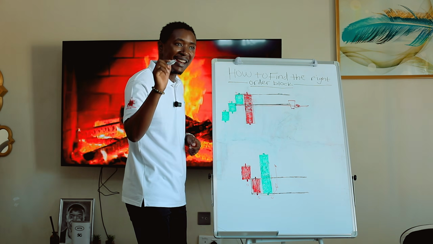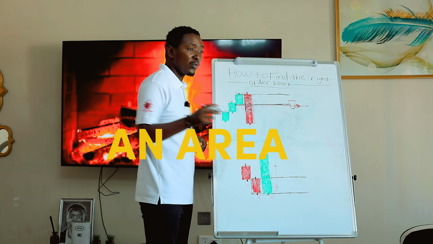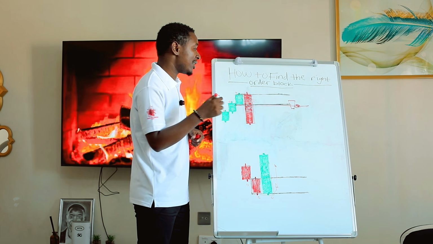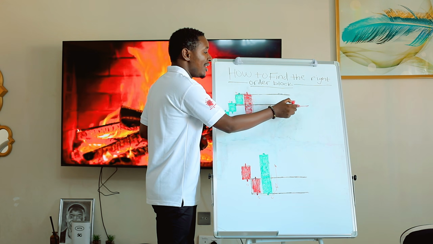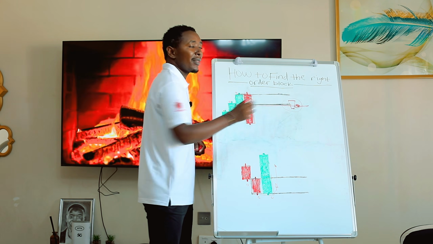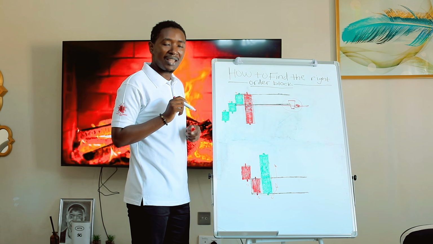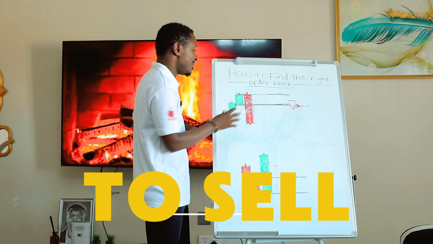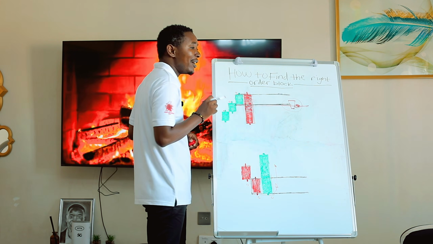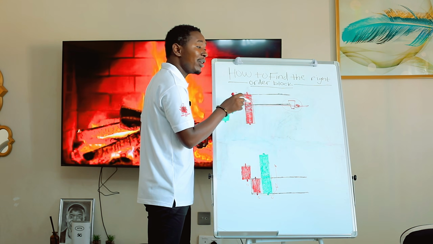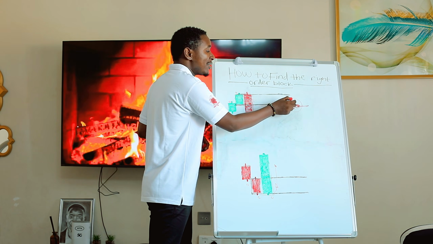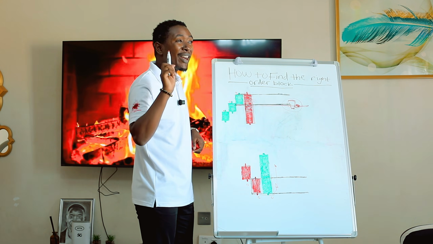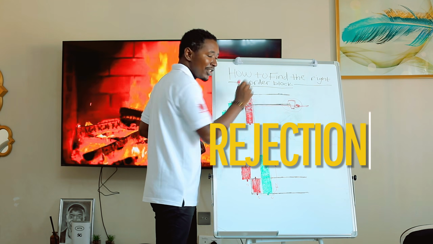So it is not a line but an area. Whenever it reaches the area, that's when something can happen. That's when you get ready to sell, because this area is a form of barrier, and once the price reaches it, there is a higher likelihood of a rejection.